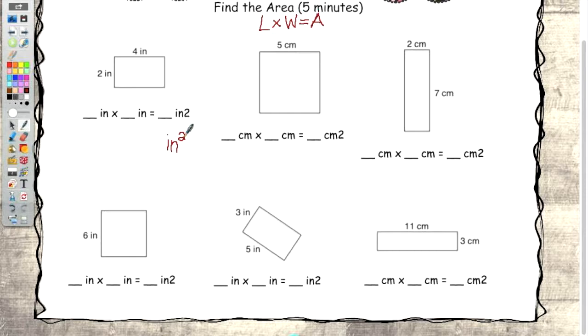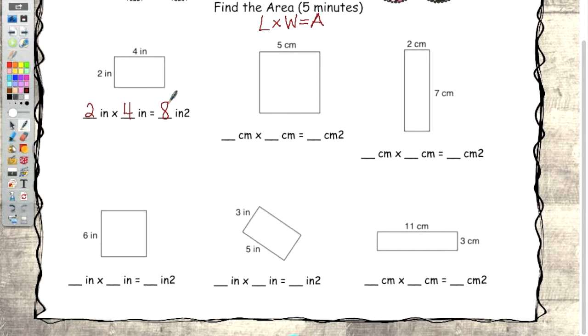But the 2 is typically smaller and it's a little bit raised, just like an exponent, okay? But it means squared. All right, so let's just write down the first one so we make sure everyone knows how to do area. I think you do, okay? So you're going to put 2 inches times 4 inches equals 8 inches squared, okay?